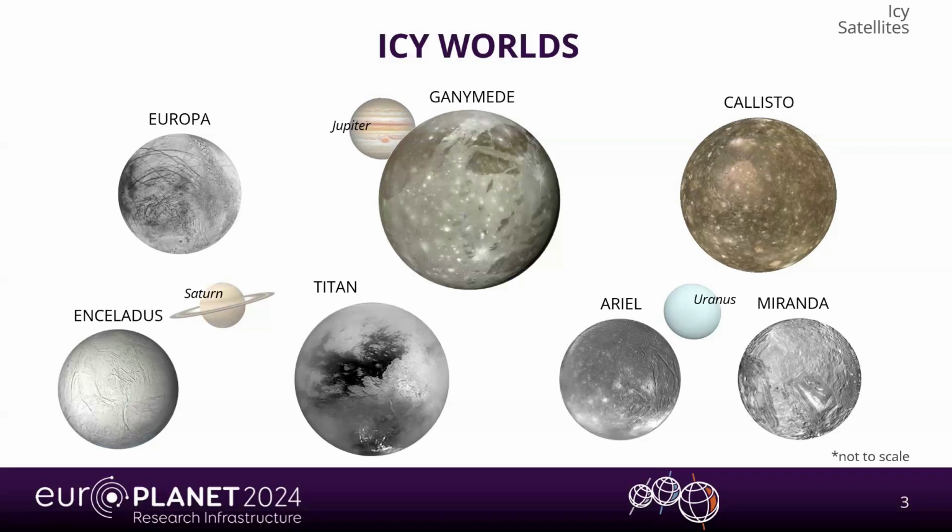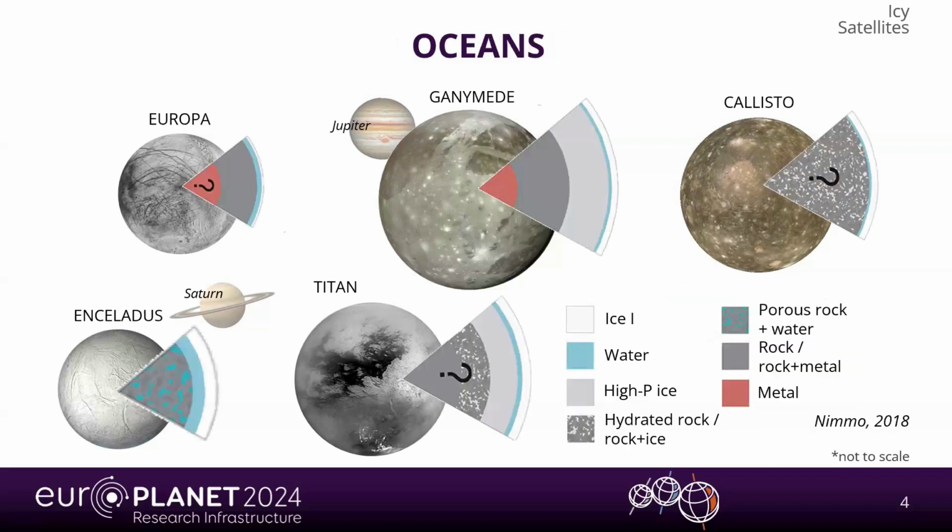This is why they are considered as small worlds with a differentiated interior, with an outer icy crust that can undergo changes in phase due to high pressure. So from the icy crust to a possible high pressure ice mantle, or also a possible rocky mantle.